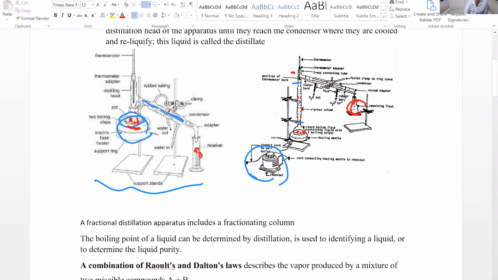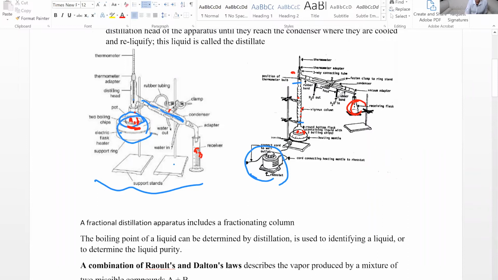Also, I didn't talk about the circulation of water for simple distillation. The condenser has two layers. The inner layer is where the vapor goes through, but the outer layer is for the circulation of the water.